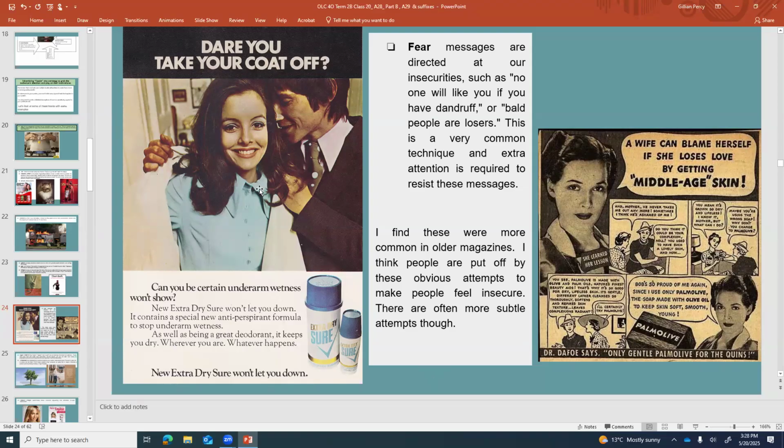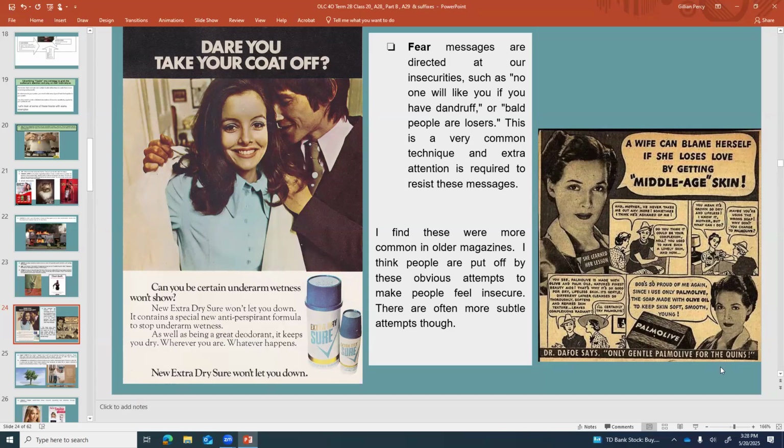So here you've got a girl taking her coat off and she's looking a little uncertain. And there's a guy really close to her, almost with his nose right in her hair, going, "Dare you take your coat off? Can you be certain underarm wetness won't show?" Because, God forbid a guy knew that you sweated. That'd be horrible, right? Because we're not supposed to sweat.